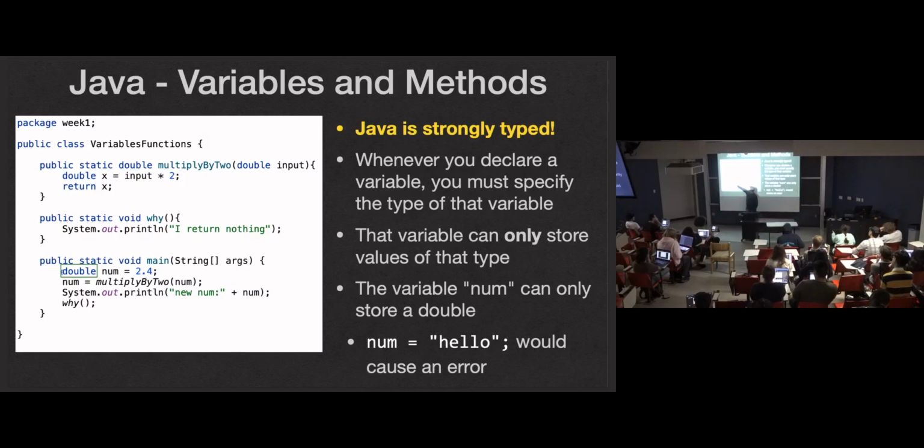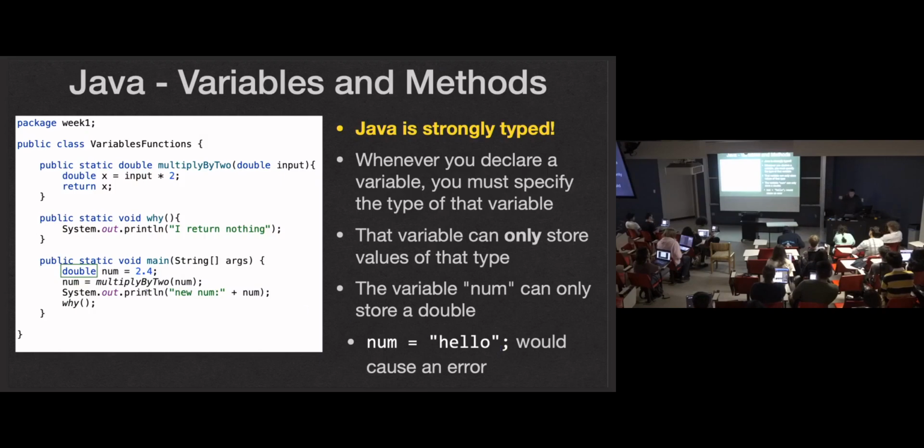If I say this variable num is of type double, it can only ever store a double. And if later on in my code I try to say num equals the string hello, that's going to be an error. Java's going to say you're trying to store a string in a variable of type double. That's not allowed. It's not going to let you do that.